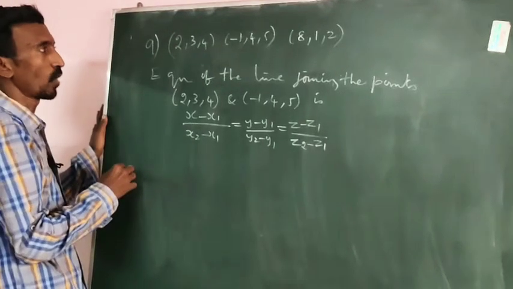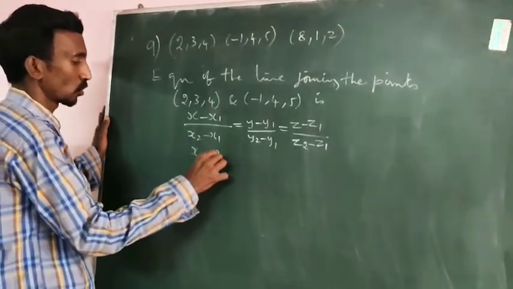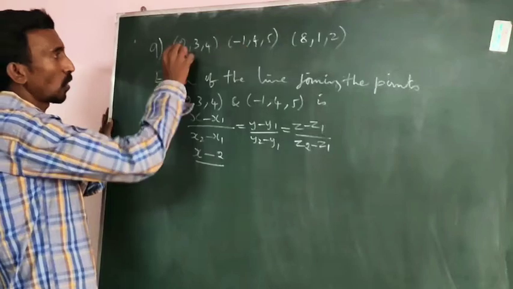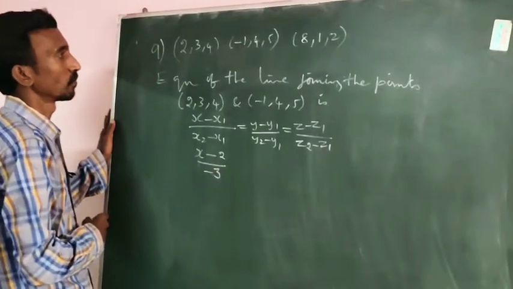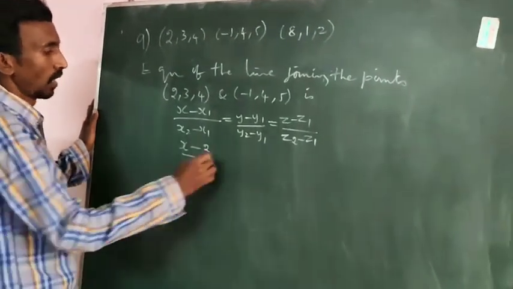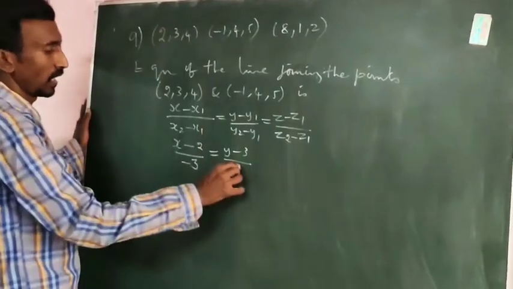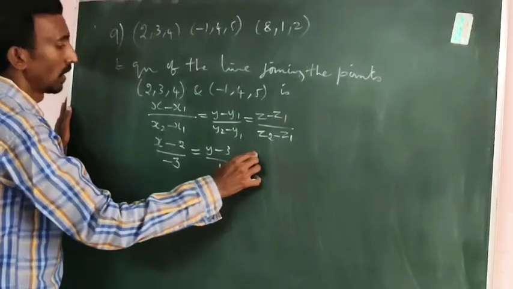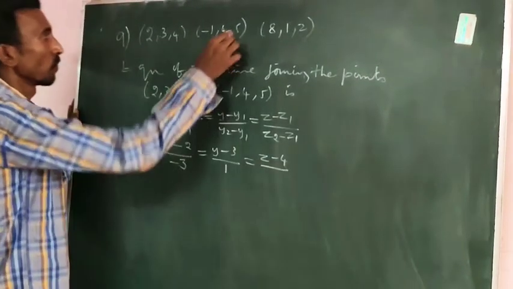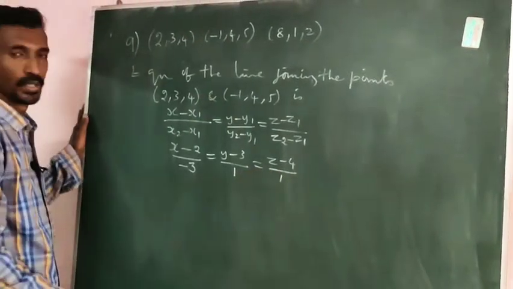Take it as x1 y1 z1: (x minus 2) by (minus 1 minus 2) which is minus 3, (y minus 3) by (4 minus 3) which is 1, equal to (z minus 4) by (5 minus 4) which is 1.